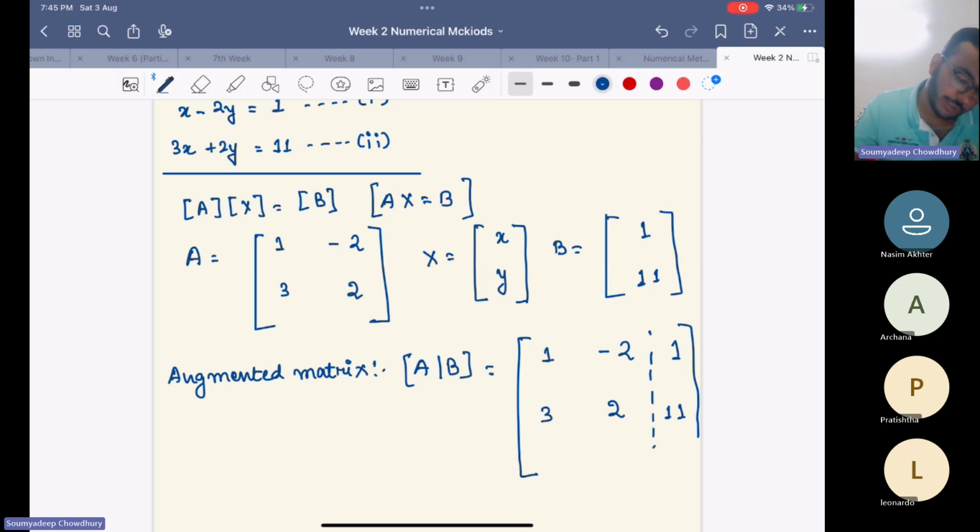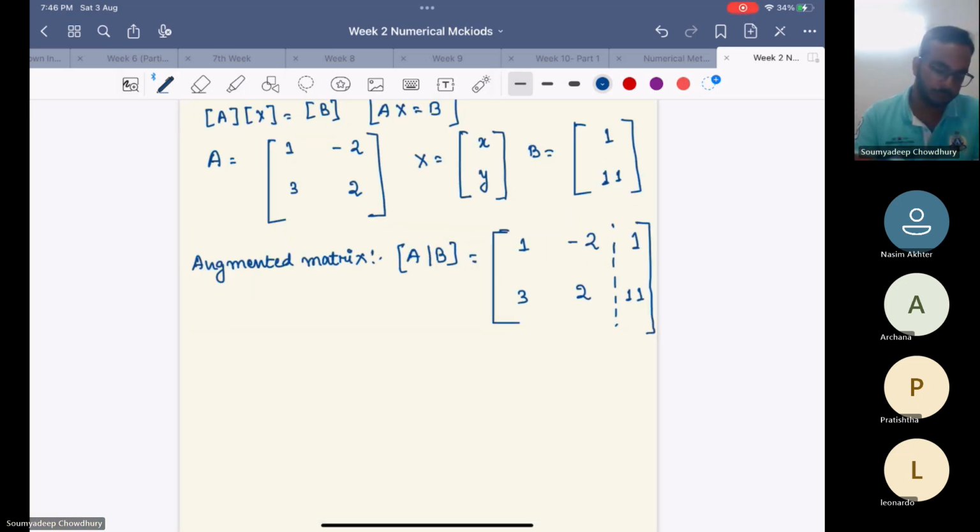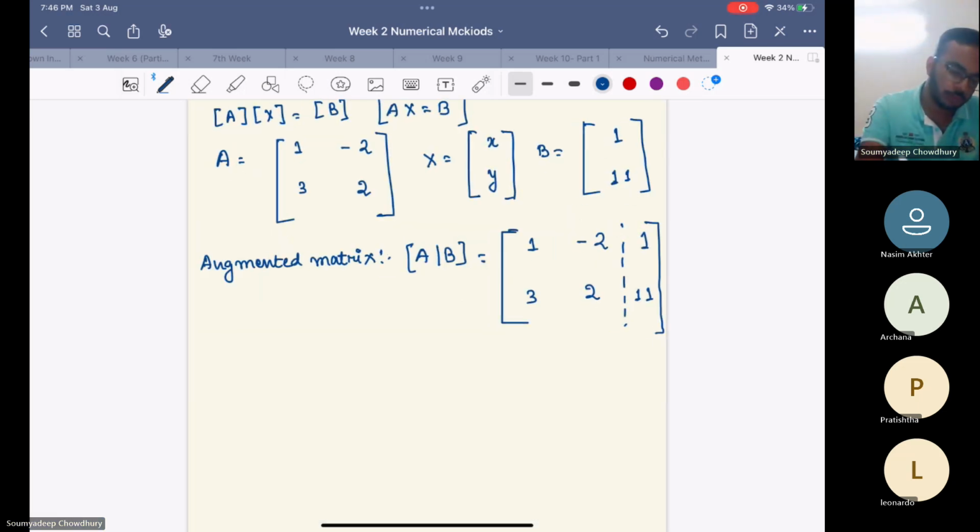That is A and B together. Nothing very innovative, it is just a way of representing which we will need in solving the equations. Okay. So this is the augmented matrix. So now we will see what is called the row picture and column picture.